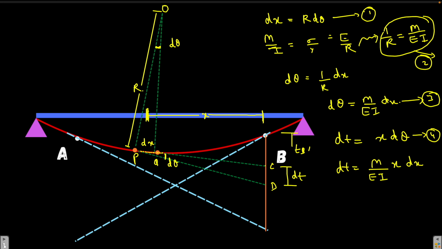Now we have to find the whole distance TBA. This is TBA and not just dt. We have to find this bigger distance TBA. So for finding the distance TBA, what will we do?